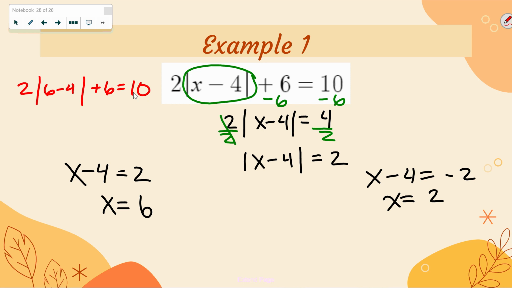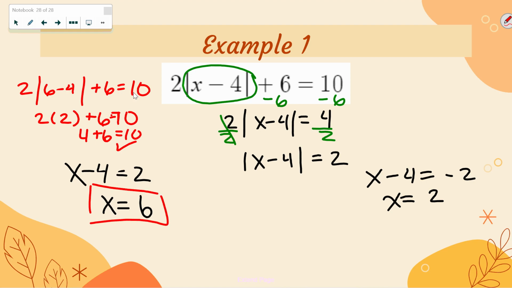I'd have 6 minus 4, which gives me 2. What's the absolute value of 2? 2. So 2 times 2 is 4, and 4 plus 6 is 10. So x equals 6 is a good check.